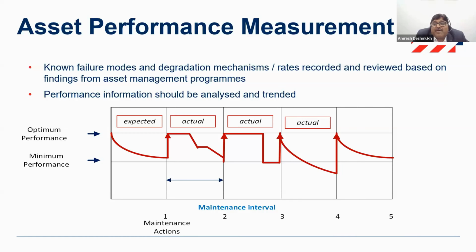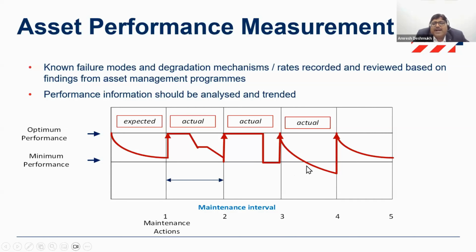But if I have to be very upright to the principles of asset integrity management, I should not have any equipment in my plant which is operating suboptimally. At any given point in time, all the assets which are a part of the asset integrity program or the safety critical equipments can just stay within this band from the optimum performance level to the minimum performance level.